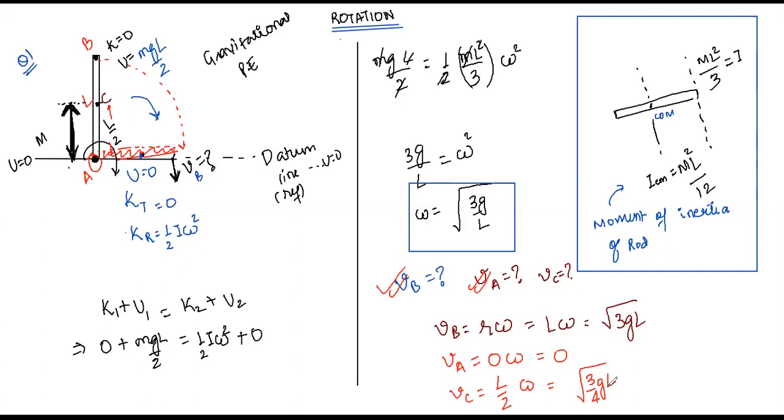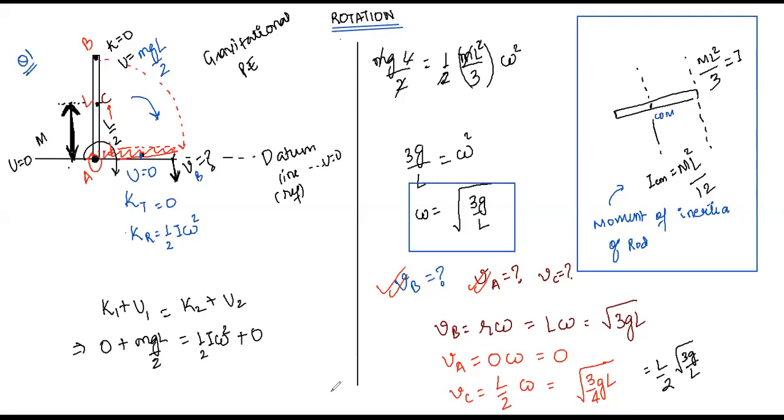Yes, sir. How did 4 come? We had 2 there. Omega value is under root 3g by L, right?